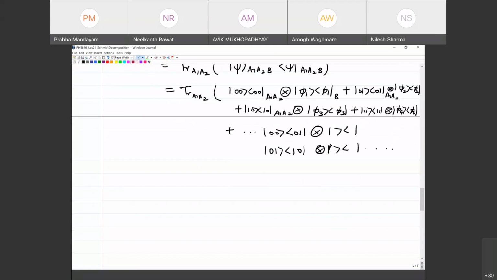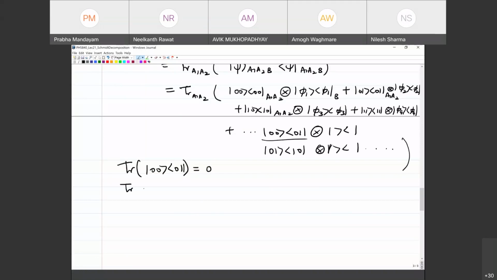So the reason I'm not going to take the trouble to write down the rest of the states is because I'm tracing out over these subsystems, both the qubits that are there in A's lab, right? So what is this trace? Are you guys still with me? Yeah, indeed. This trace is 0.